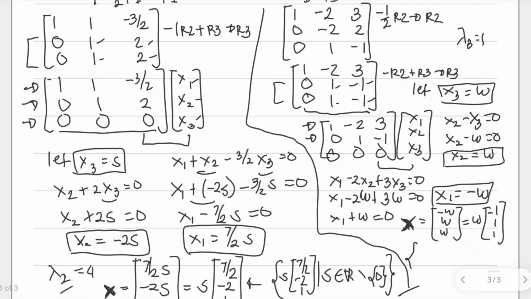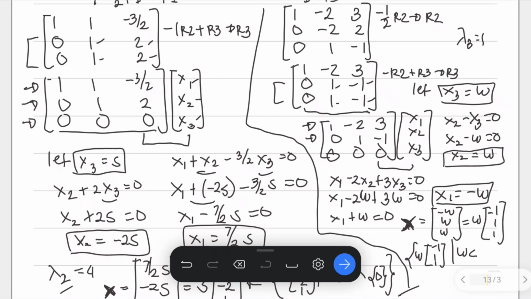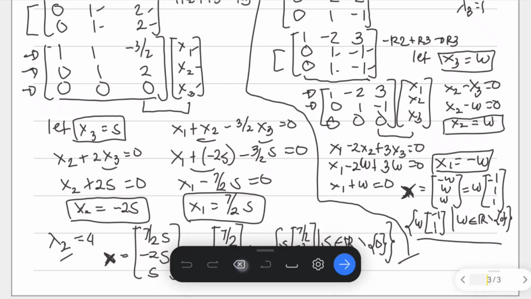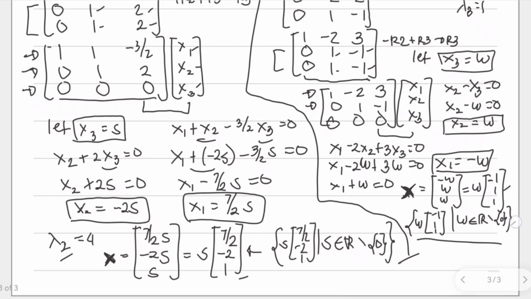In set form, you will have w times negative 1, 1, and 1, such that w is an element of R, but not an element of the set containing 0. This is your eigenspace, the third eigenspace. This is your eigenspace for your eigenvector, for your eigenvalue, which is 1.